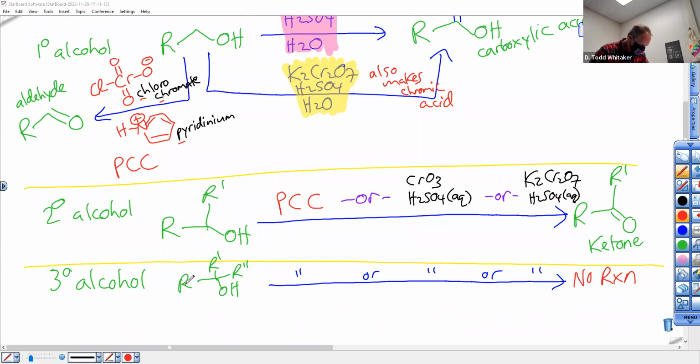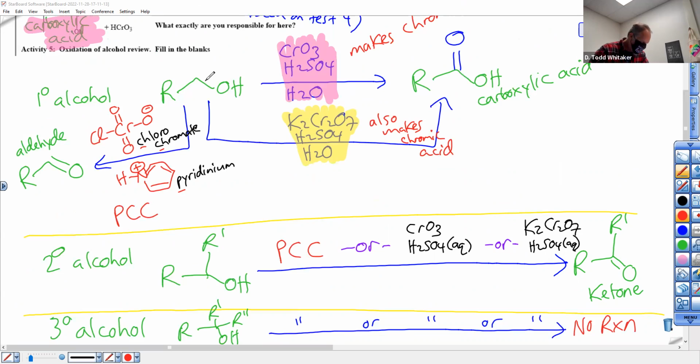If you have 0 bonds to H here, how many new bonds to O do you get? 0. So however many bonds to H you have is how many bonds you're going to react if it's a chromic acid situation. If you want to make it less than a chromic acid situation, you better use PCC because it only reacts 1 time. This only has 1 H to react. You only get the 1-time reaction.